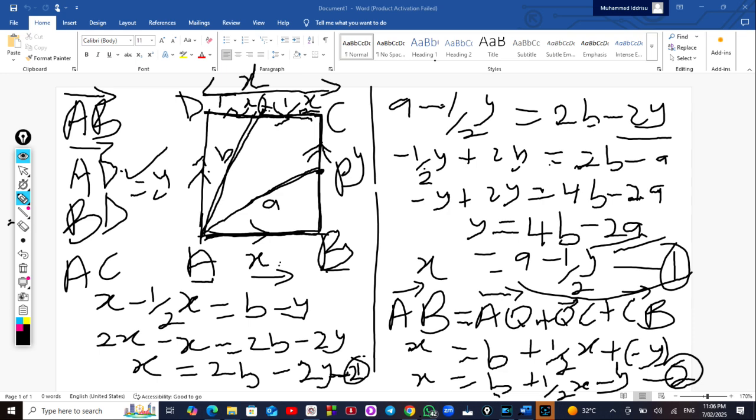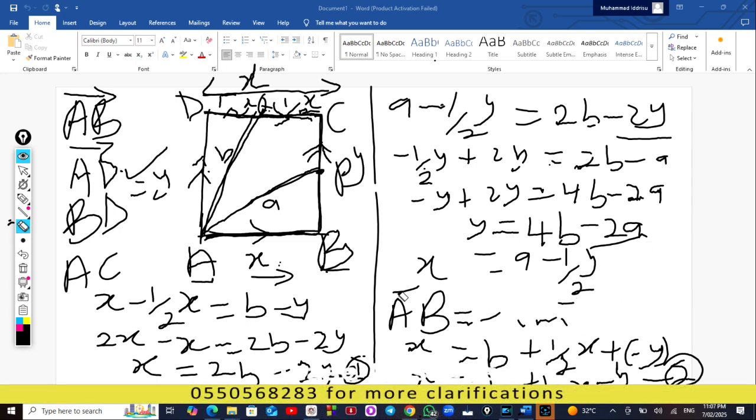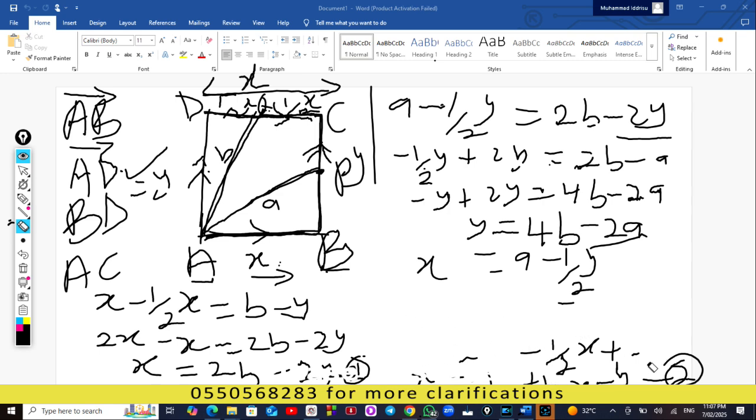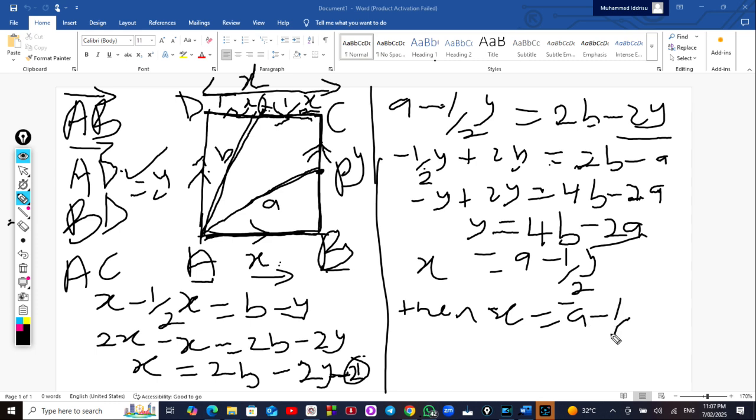So let me cancel this and just leave the equation. So we know that x is equal to a minus half y, but we now know that y is equal to this, and then x will be equal to a minus half bracket open our y, 4b minus 2a.